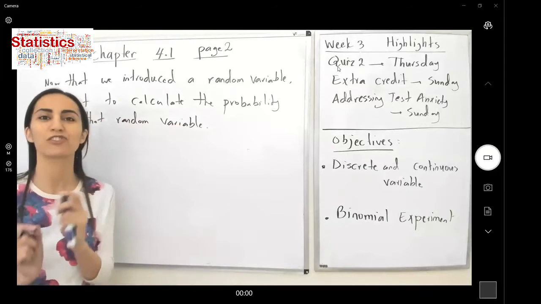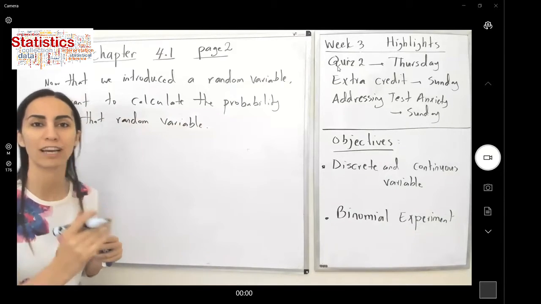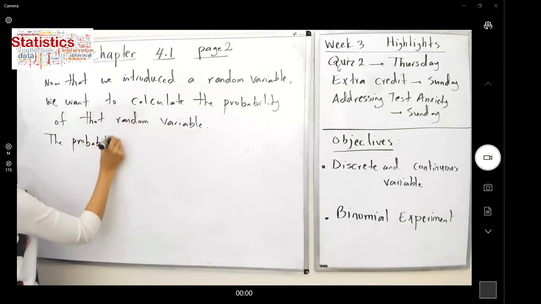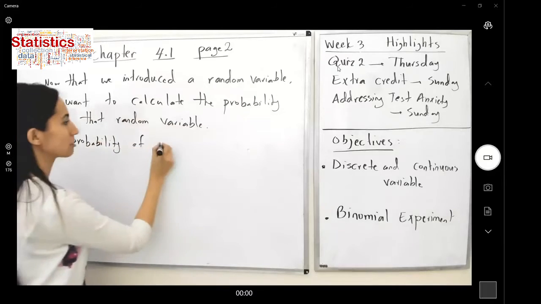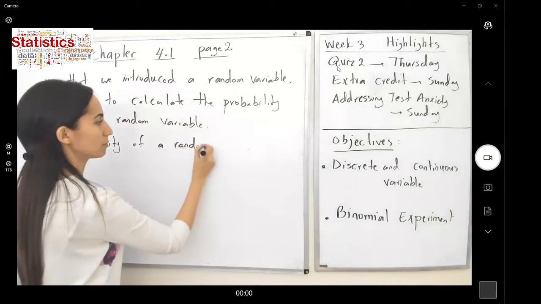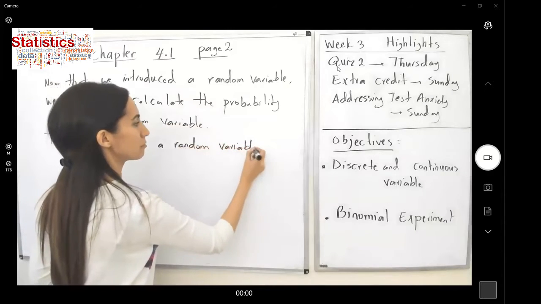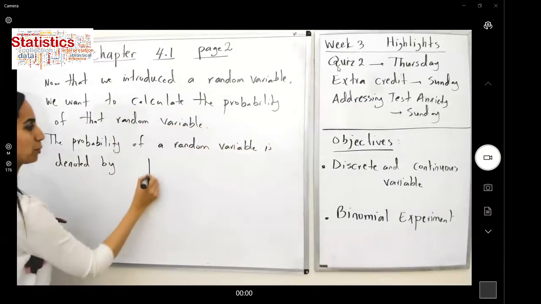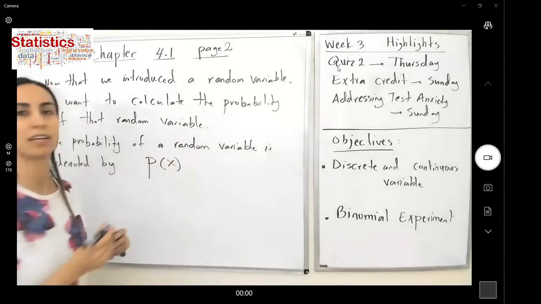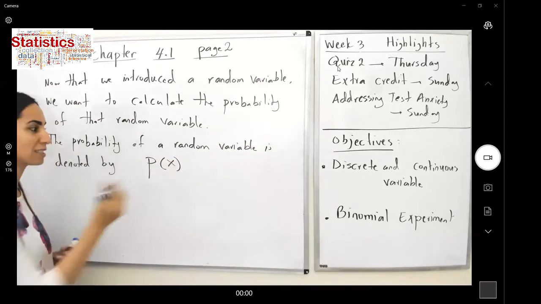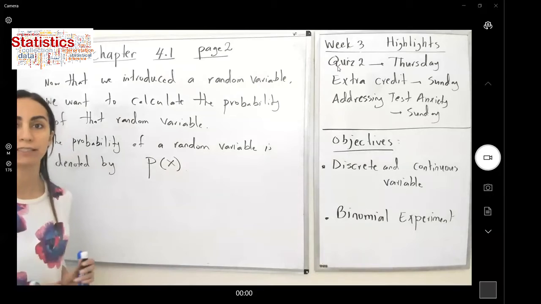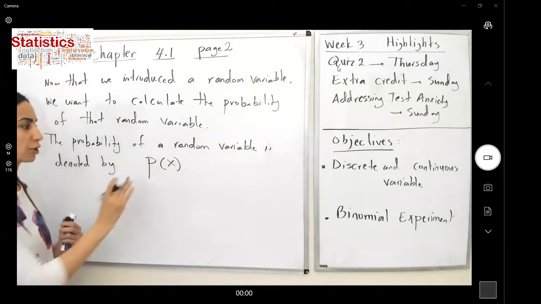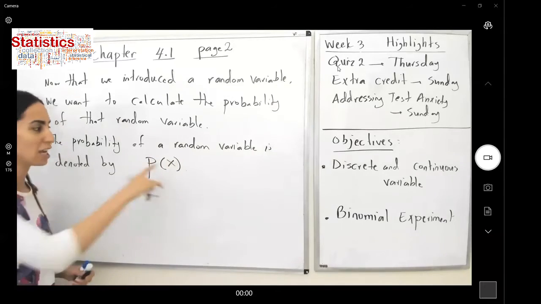So we first represent this by P of X. The probability of a random variable is denoted by P of variable X. Remember last time we had P of an event. Now that we introduced a variable, instead of using that event, we're going to use P of X, X itself.